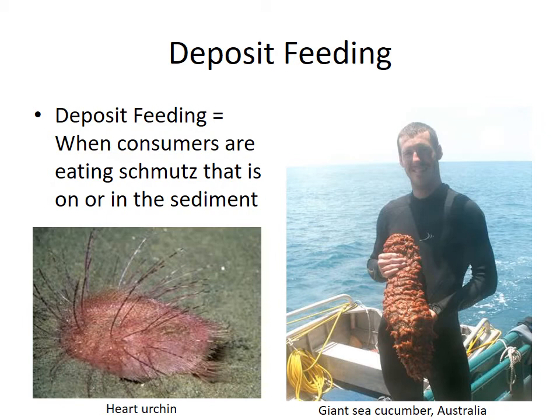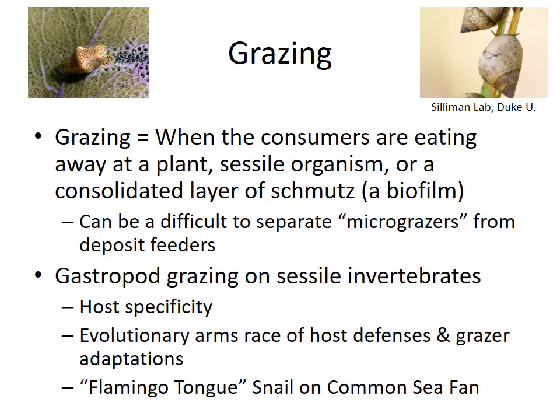It can completely bury itself. Giant sea cucumber is one of a number of holothurians, another group of echinoderms that consumes large amounts of fine sediments along with the organic matter in that sediment, and it will digest the digestible components and poop clean sand out the other end.